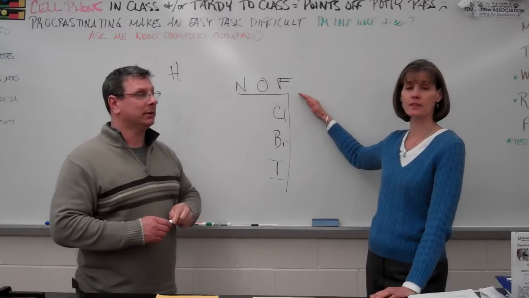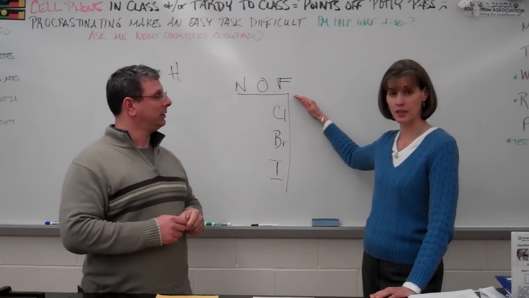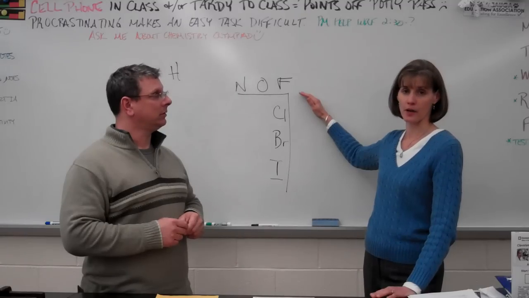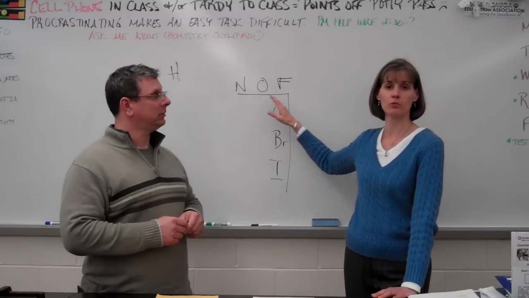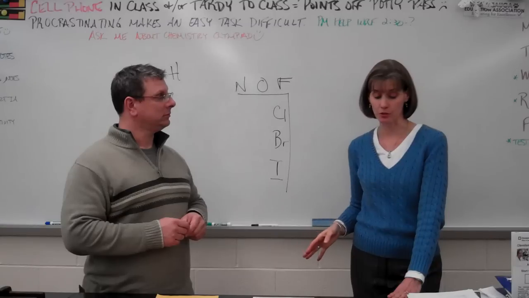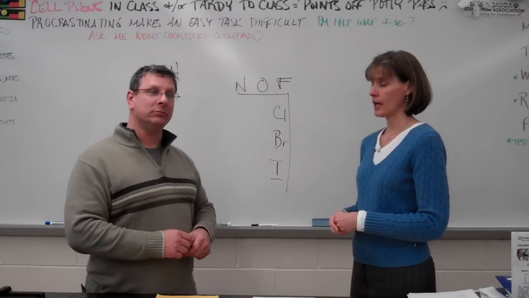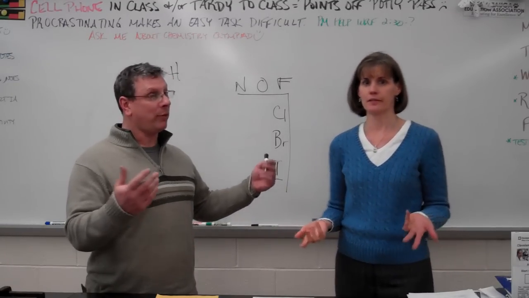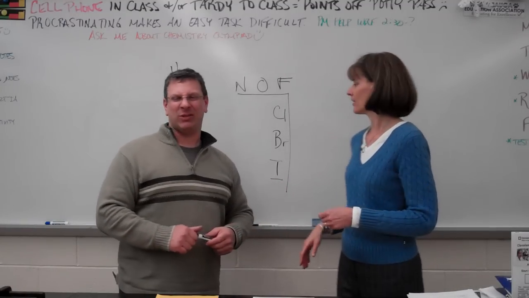And these are the elements that we do not find by themselves in nature. They're always running around as pairs. It's going to be H2, N2, O2, F2, Cl2, Br2, I2. Like girls going to the bathroom at the dance. In pairs. Always go in pairs. You guys don't get that.